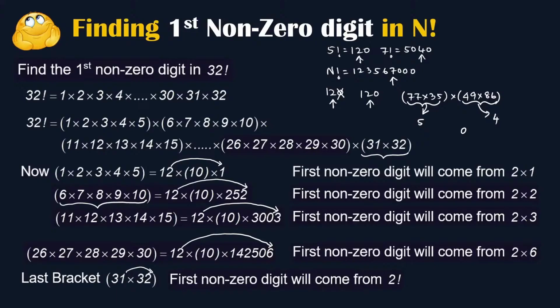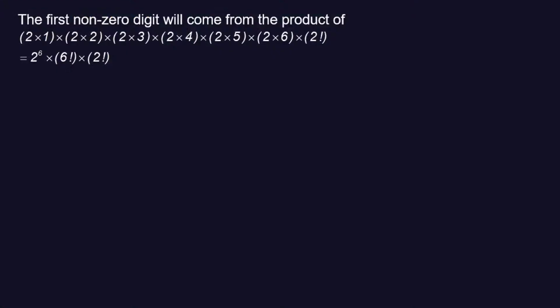Same thing here. To find out the last non-zero digit of factorial 32, we will simply find out the first non-zero digit coming from 2 into 1, then 2 into 2, then 2 into 3. This goes on till 2 into 6, and at last it will be factorial 2. Is it clear? So I am writing it here in this way. The first non-zero digit will come from this product, which is the same as 2 to the power 6 into factorial 6 into factorial 2.